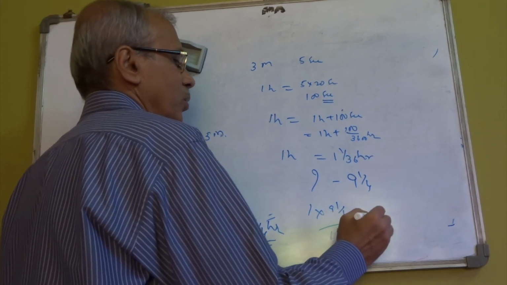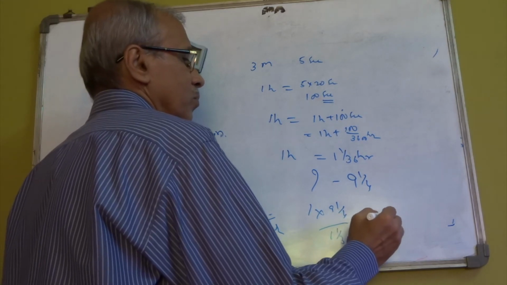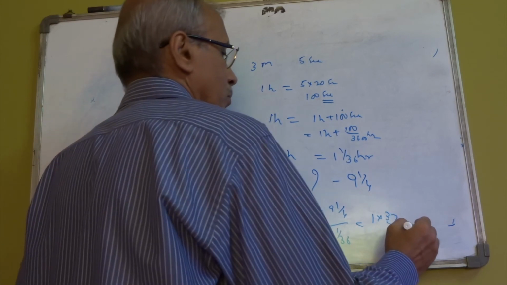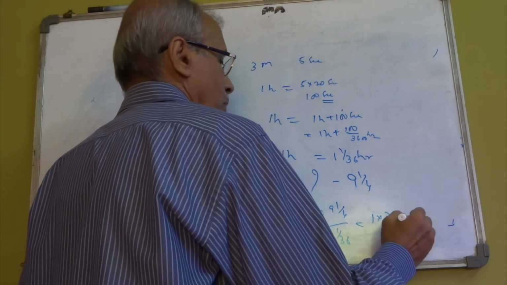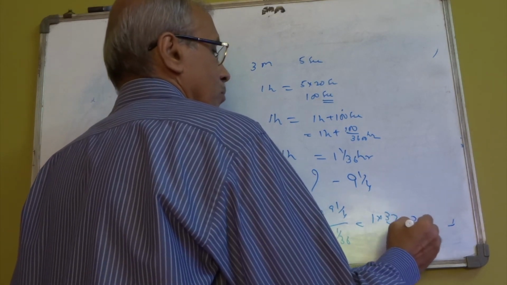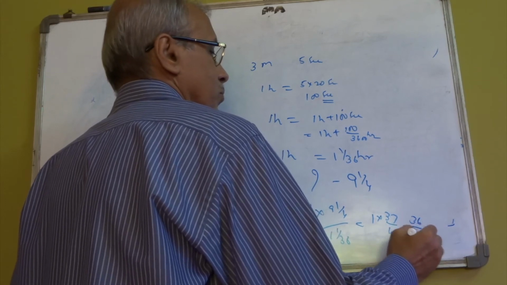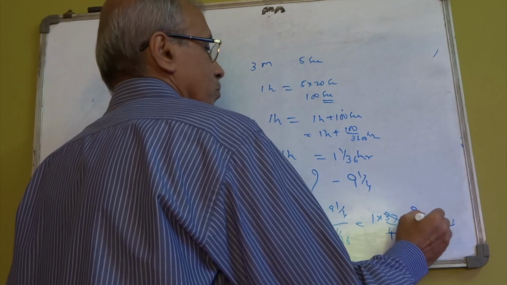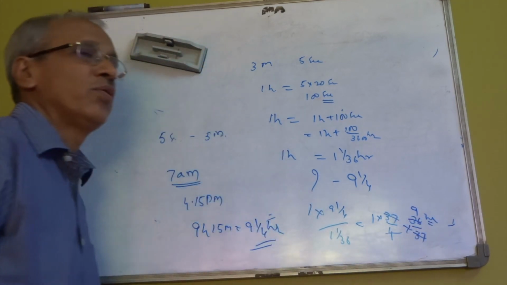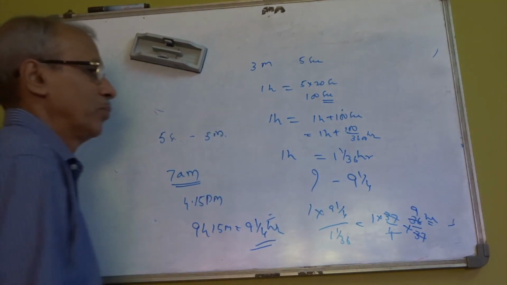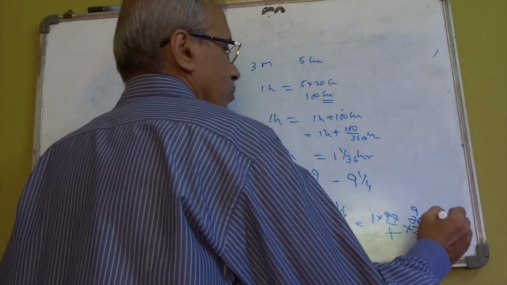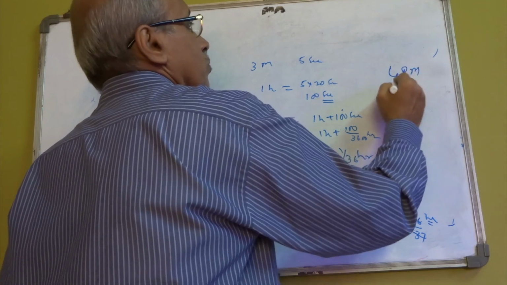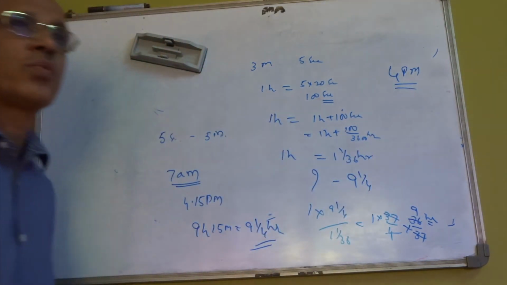That is 1 into... from 7 a.m., 9 hours is 4 p.m. So the correct time is 4 p.m.